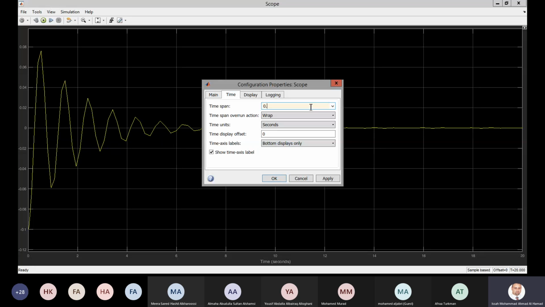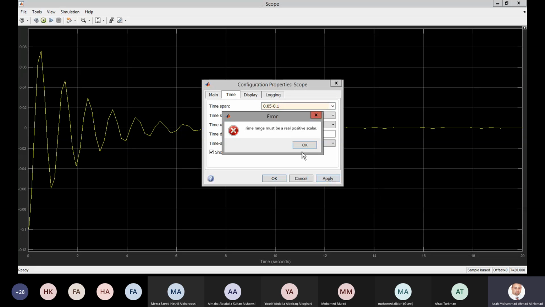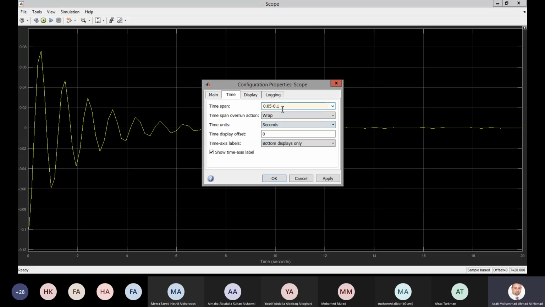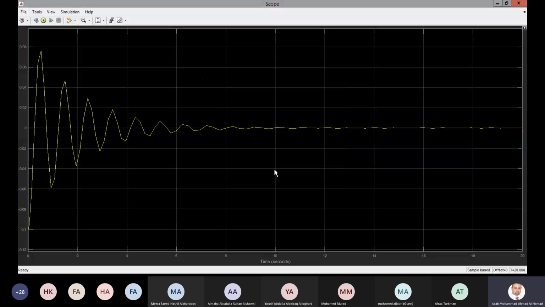I don't know exactly how it is entered, and exactly how you can change the time span so it will make it smoother. However, it should work.